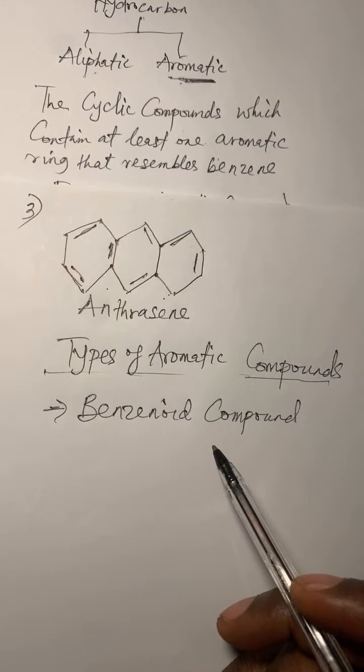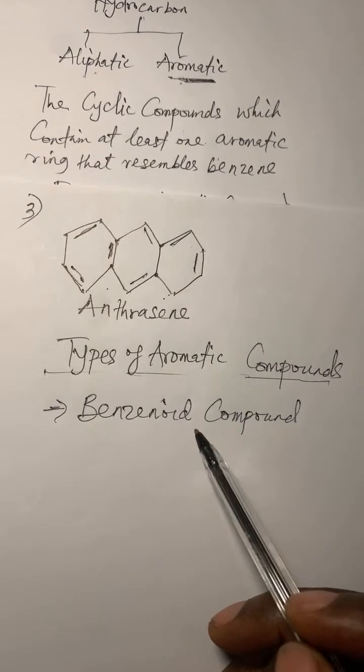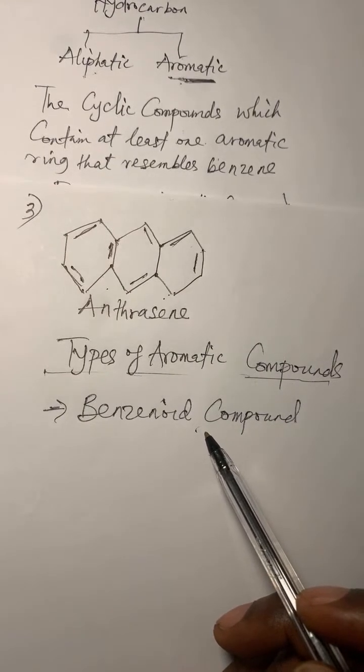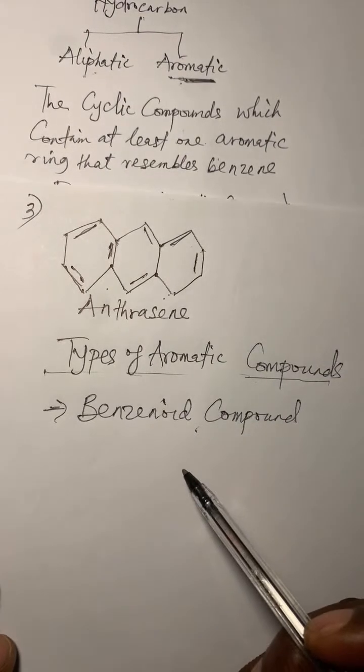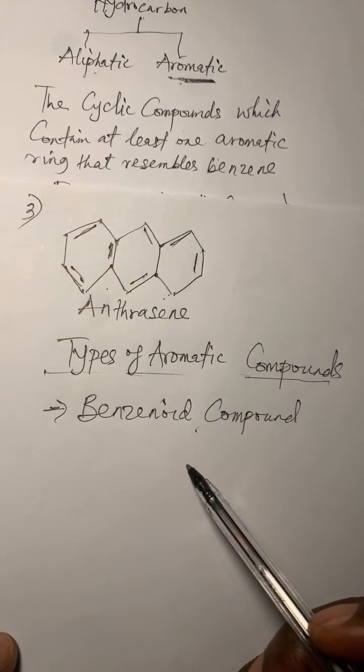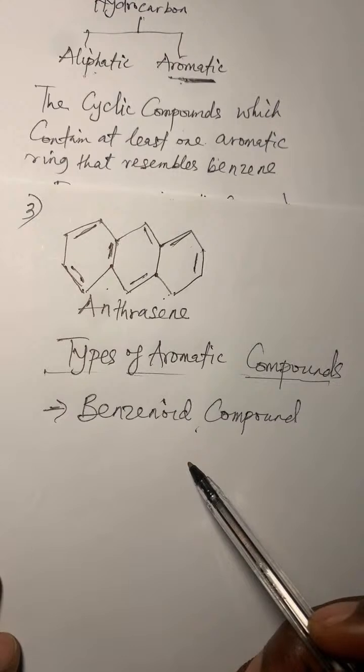This is why I'm simplifying this. Make sure you have your writing material. Did you get the definition of this? Did you get the explanation so that I move forward? Did you get what I said about the benzenoid compound? Please use the comment section. I need you to respond. Your response will help me to move with the speed of light.